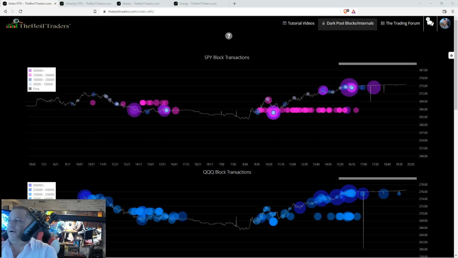Can I use dark pools just for trading? I kind of covered that question already. No, just because there's a big dark pool doesn't mean you just, at the bottom of a price where it's low, buy SPY because it's lower or sell SPY because it's high.